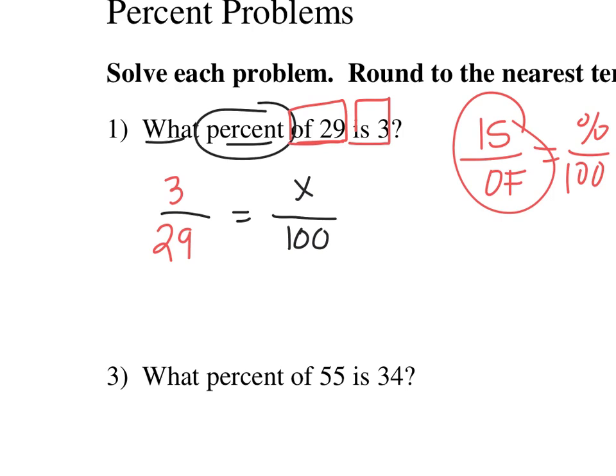So once you get that set up, you just find your variables. 29x equals 300, and now I have my equation.